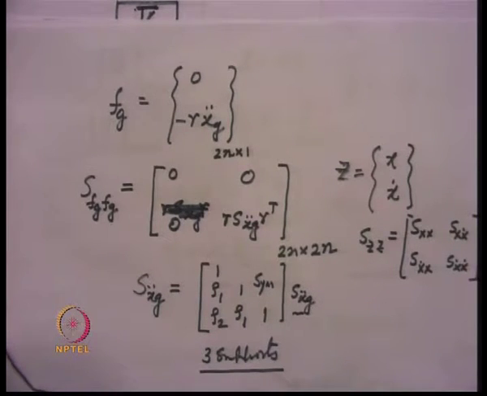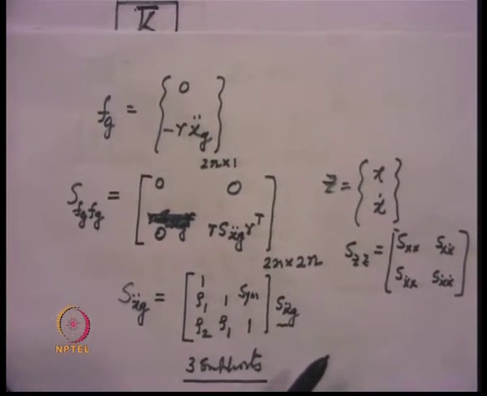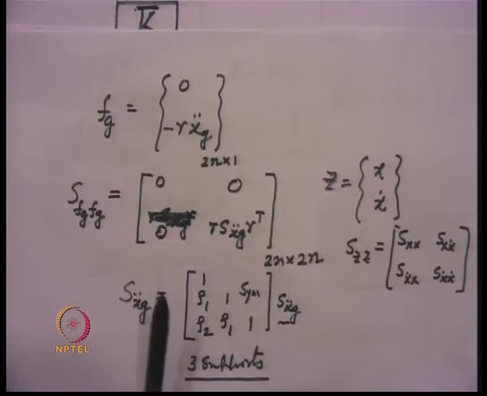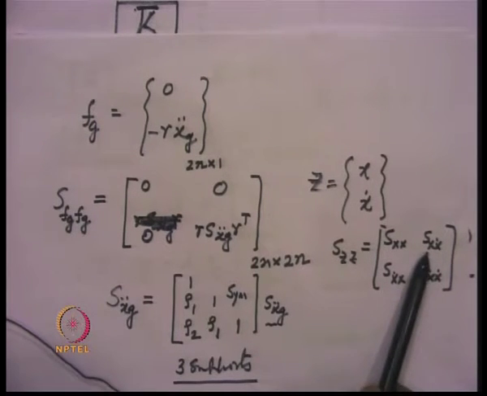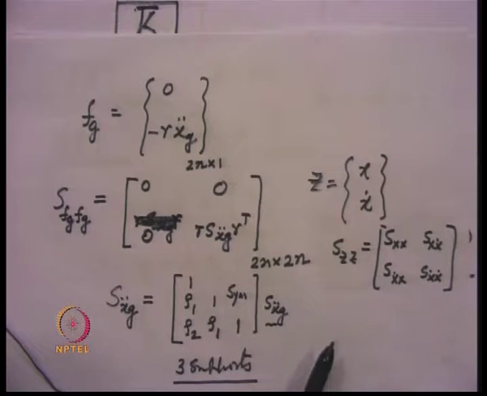And once SFG is obtained, then using the equation that we have described before, one can get the values of Sz. Now, Sz in fact contains Sxx, Sx dot x dot, Sx dot x and Sx x dot, because Z is defined like this.